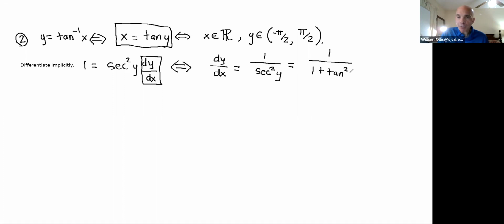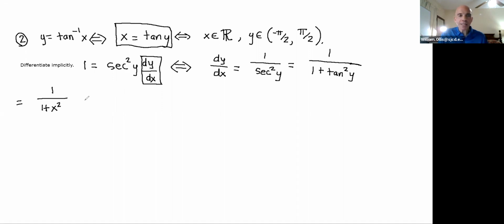Now, when you go back through this, and you can look in the lecture notes, I've used the inverse function theorem, but it's the same process. You do the same algebra over and over. Now, again, this is much better. We still have a y, but when we go back over here, we see that x is actually tangent y. So tangent squared y is x squared. And this is a very, very famous formula.